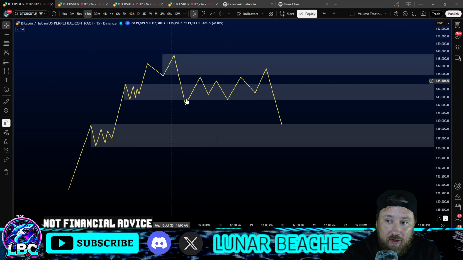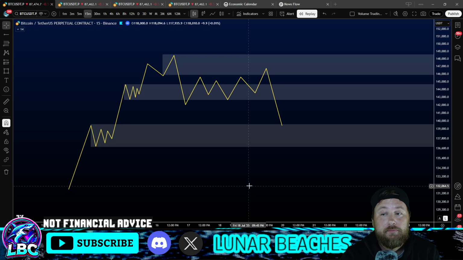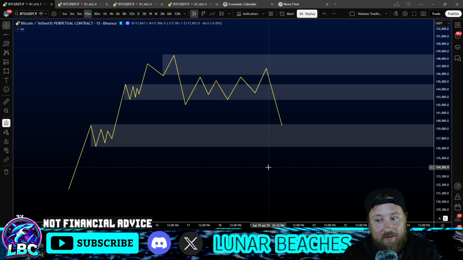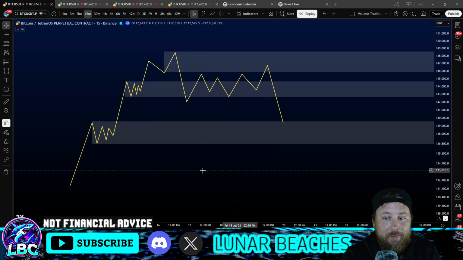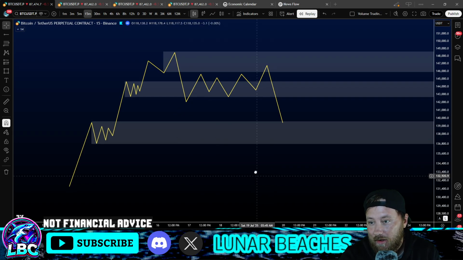So that is key. You return back to supply and then you move down further to demand. And you'll often get price reacting to these levels several different times. So it's important to keep that in mind.